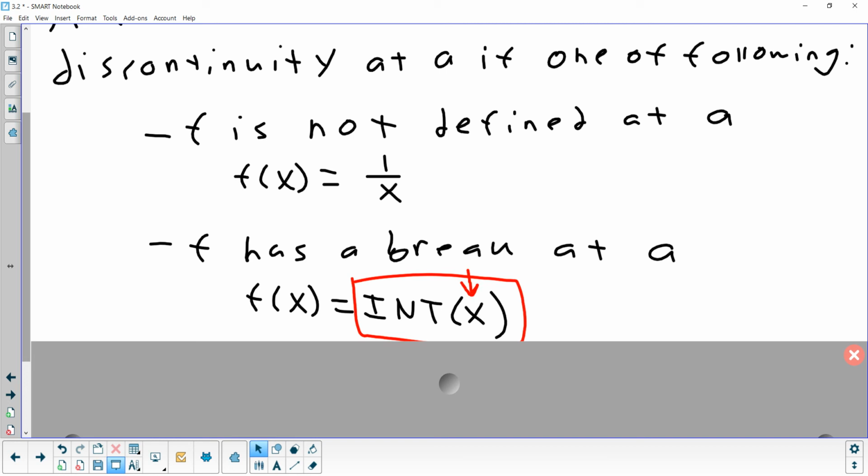Well, just by the definition, if you're always telling me an integer, then you're never going to get a y value of 1.3 out of this formula. You can get a y value of 1, you can get a y value of 2. There's nothing in between. You jump. So because of the way we round, it causes us to jump, and that creates a break in the graph. Not because we divided by 0, though.